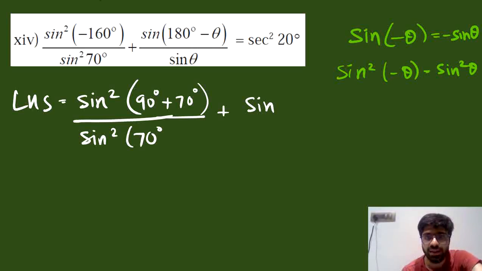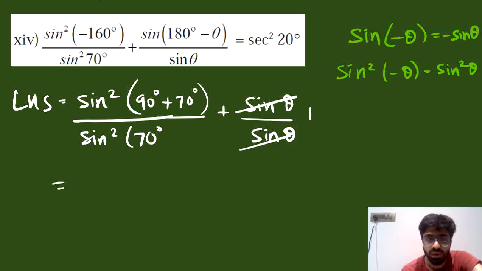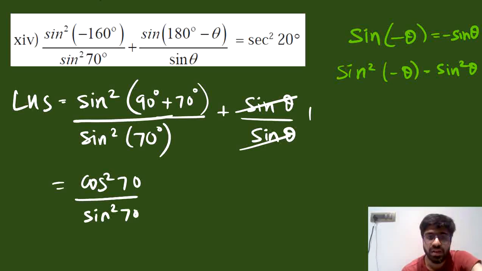So it would be sine theta upon sine theta. These two terms get cancelled, giving you a 1 here. And finally we have sine 90 plus theta, that would be cos theta, and square of it would be cos square theta. So in the numerator you have cos square 70 upon sine square 70, but that is equal to cot square 70.